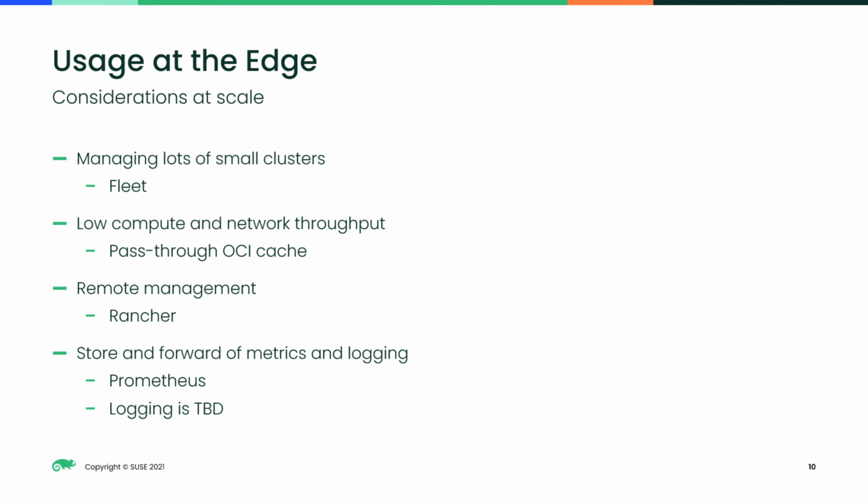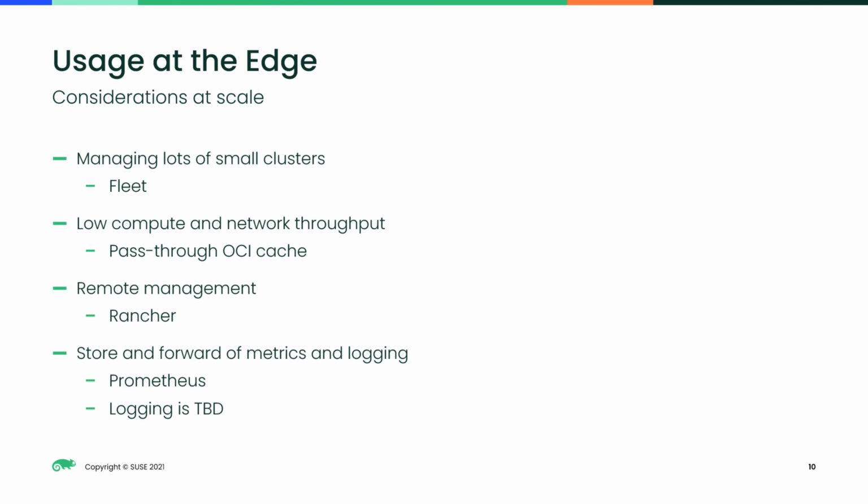For remote management, again, you're not going to manage each cluster individually. So a tool such as Rancher can do all of the upgrades of K3s, your OS, the workload, right? All of that can be managed through a tool such as Rancher, or pick your higher order management tool of choice.